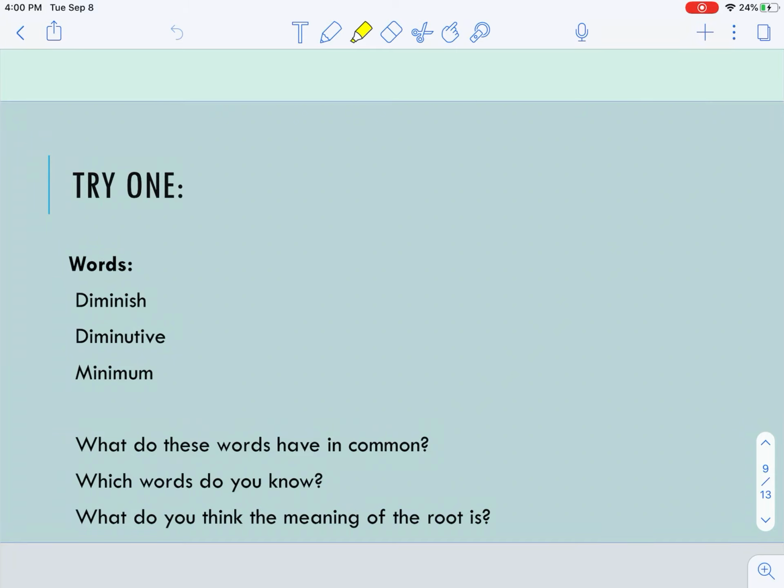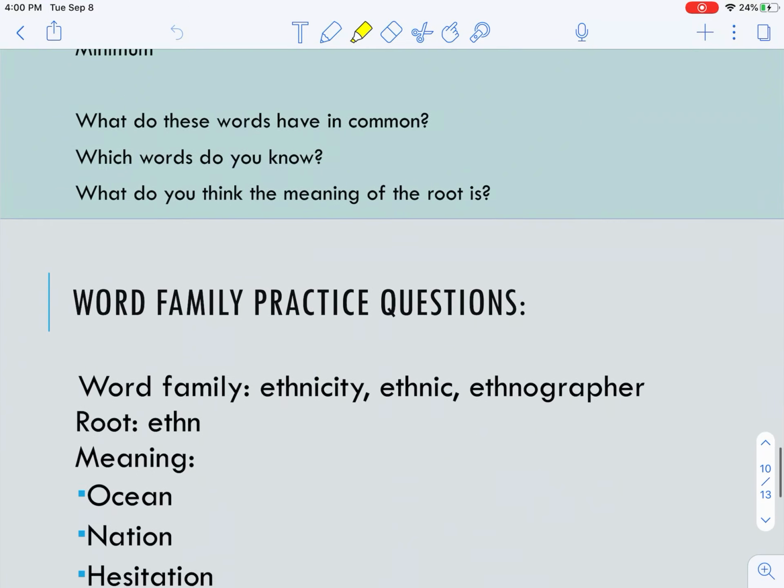I'll give you a minute here. Okay, so the root word min actually means like least or a small amount.